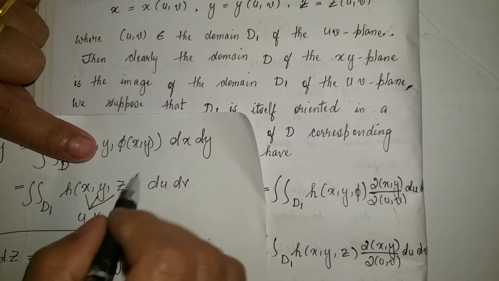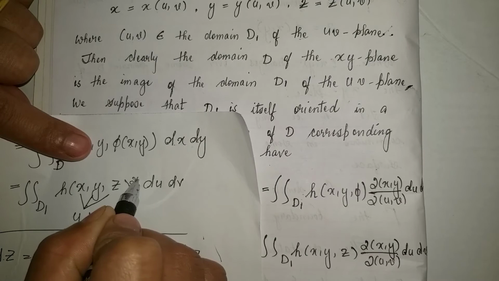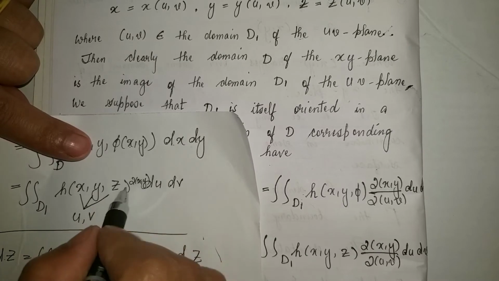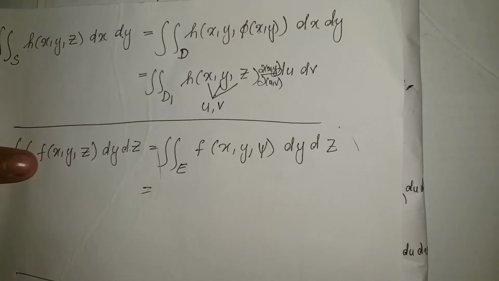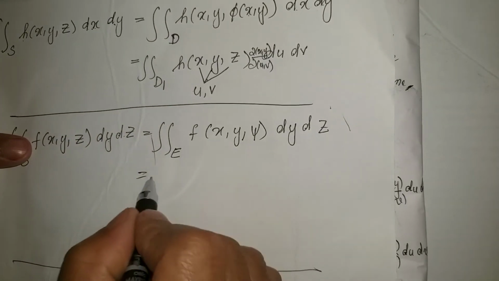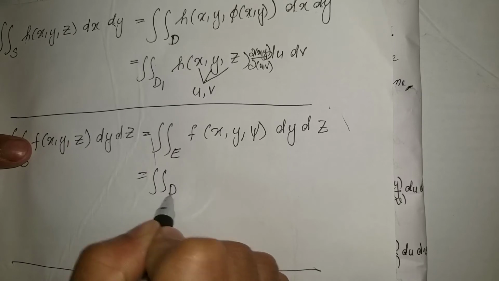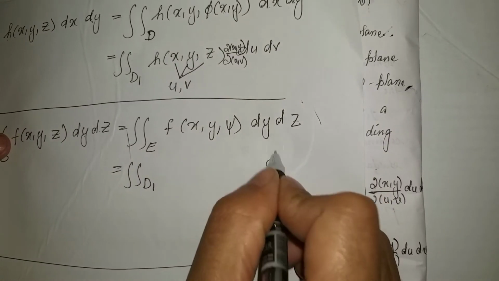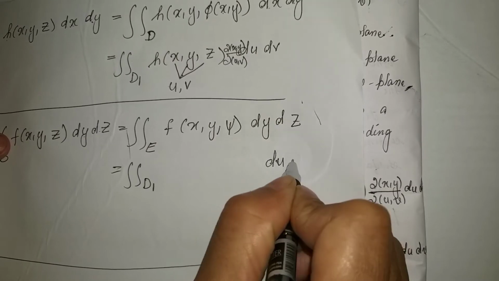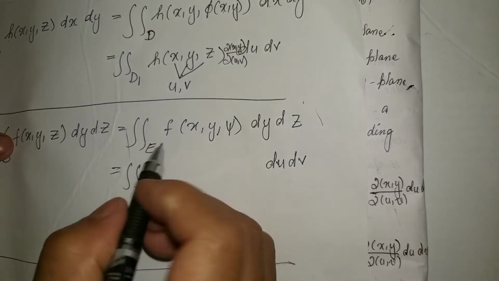But here we have to write the Jacobian del(x,y)/del(u,v), right? Then here will be D1, since we want to write in terms of du dv.